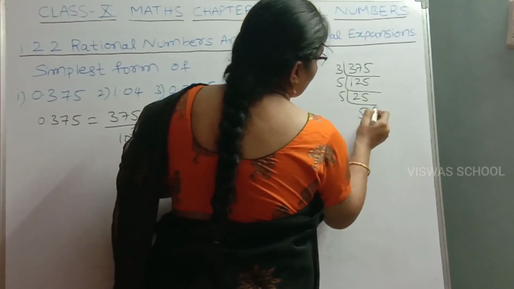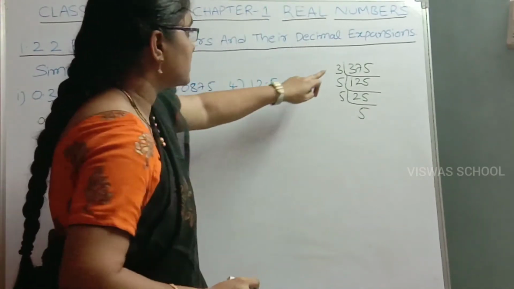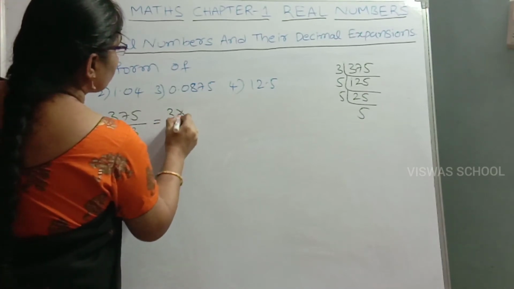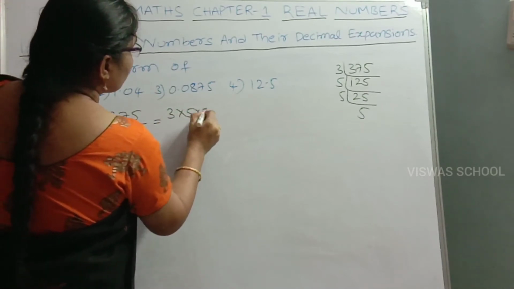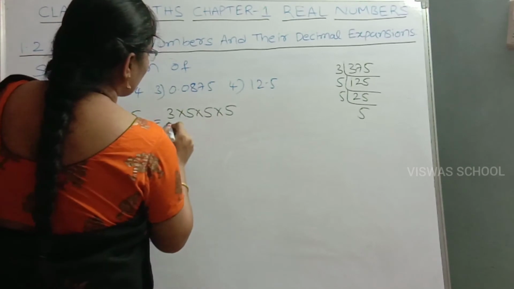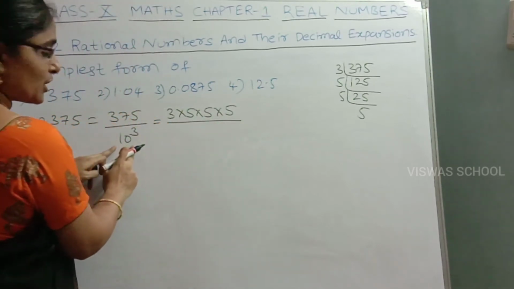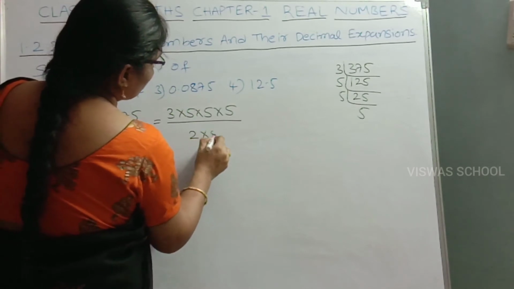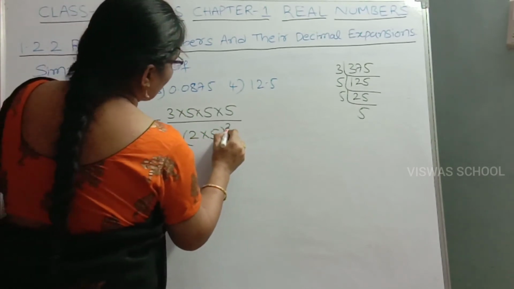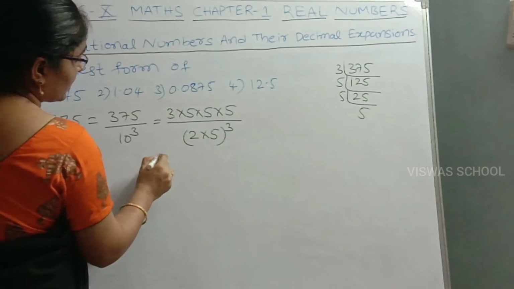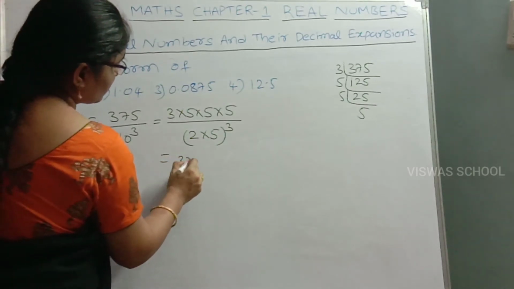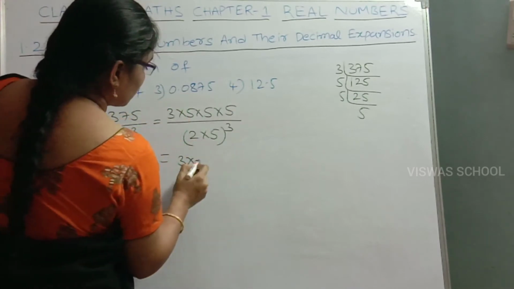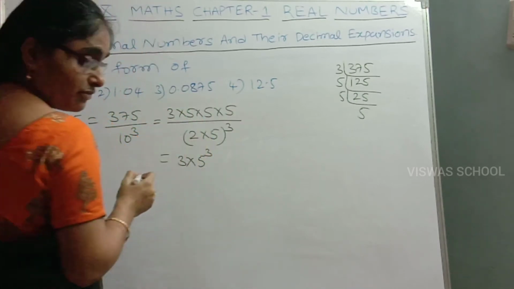So in 375's place you write 3 into 5 into 5 into 5, that is 3 into 5 square into 5, which is 5 to the power of 3.